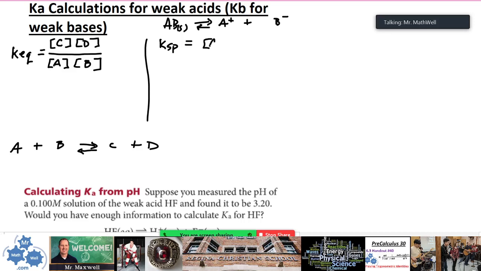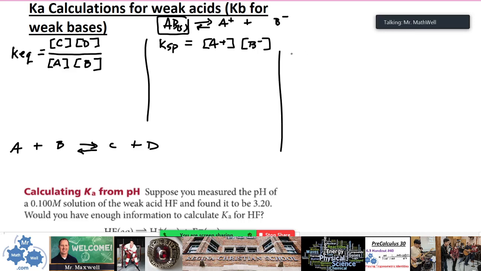And so we just take the concentration of A plus and multiply it by the concentration of B minus. And you remember this, of course, if there's a 2 or a 3 as a coefficient, that's a cubed or a squared as an exponent. And the reason why we don't include AB is because it's a solid. So for the same reason, we wouldn't include it in the KEQ.